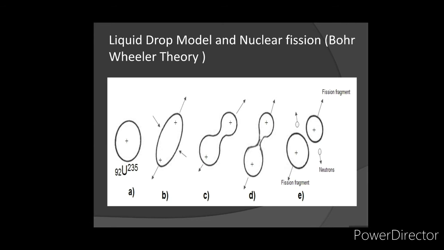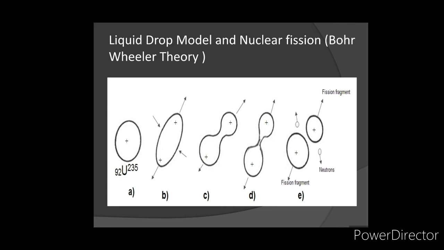At stage C, the compound nucleus acquires the shape of a dumbbell, and that dumbbell shape then changes to another dumbbell, but the two portions are not equal in size, in case D. In this figure, the nucleus is now dumbbell shaped, and both parts of the dumbbell, which are not necessarily of equal size, carry a positive charge.